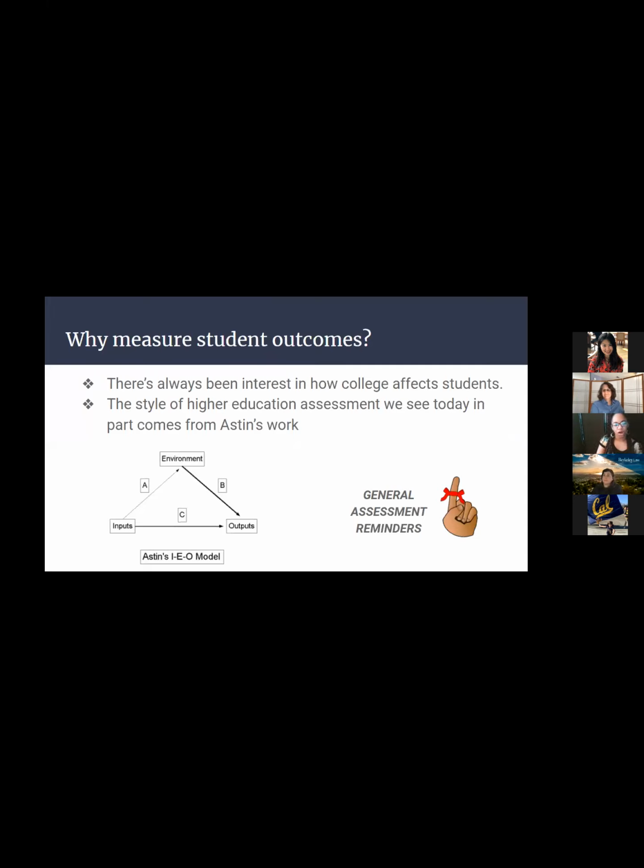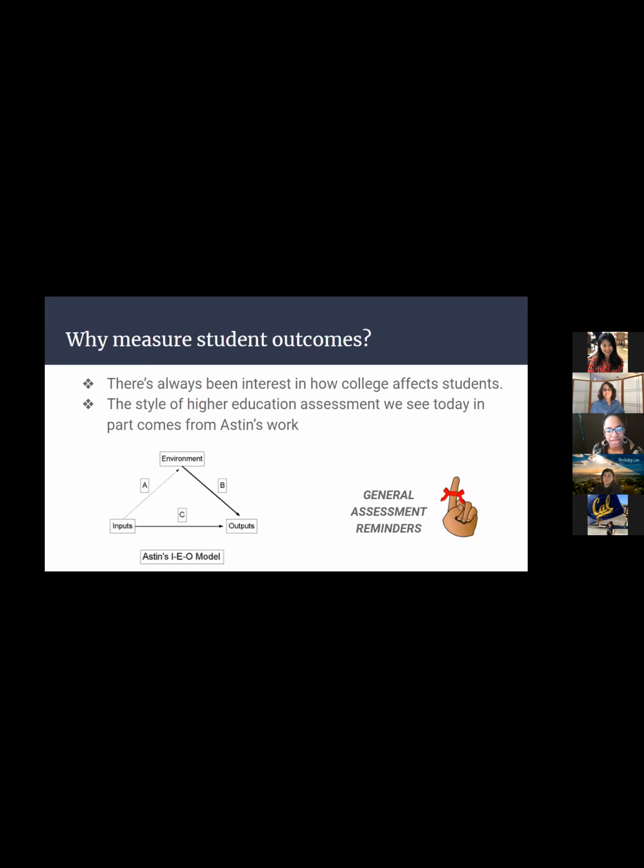So there's always been an interest in how the various aspects of the college experience have affected students. This has looked like oral recitations and weekly disputes or debates that faculty encourage students to participate in as early as the 11th century.